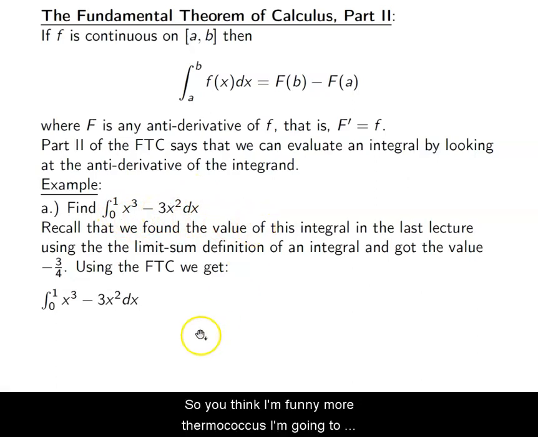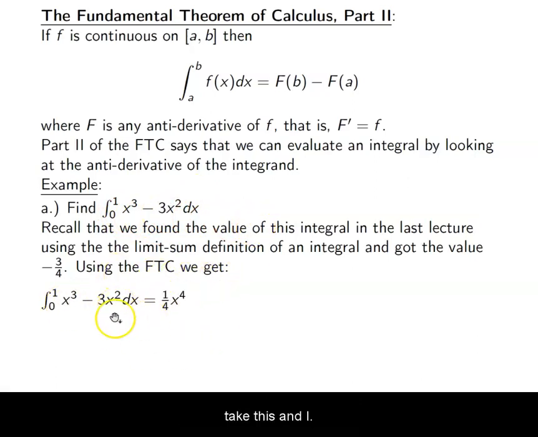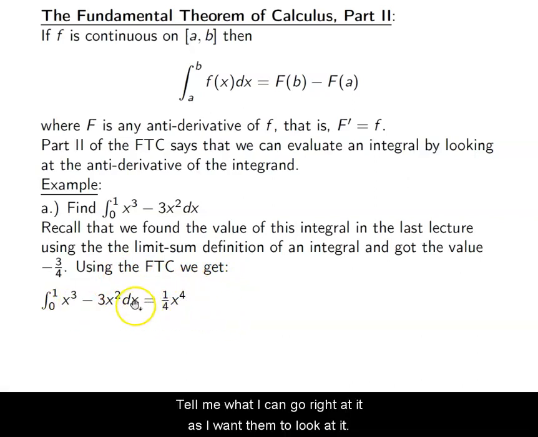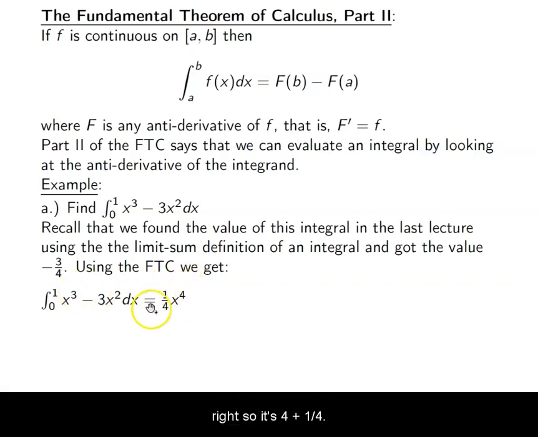Okay. So using the fundamental theorem of calculus, I generally would split this in half, but I'm going to look at it in pieces. So the antiderivative of x cubed is 3 turns into 4, and we multiply by the reciprocal of that new power, right? So it's x to the 4th times 1 over 4. This negative 3x squared, 2 goes to 3, and I multiply by 1/3.